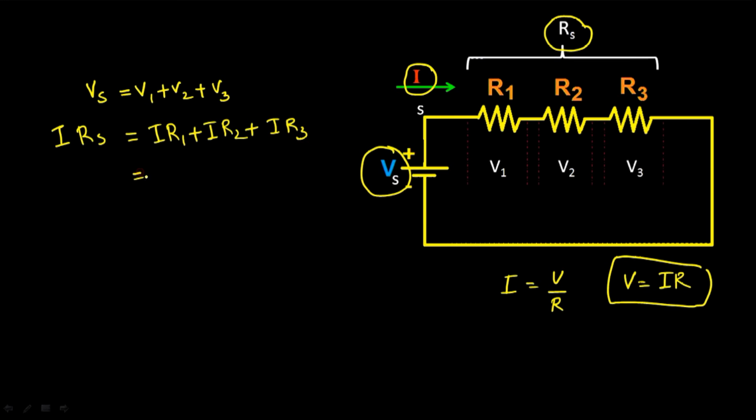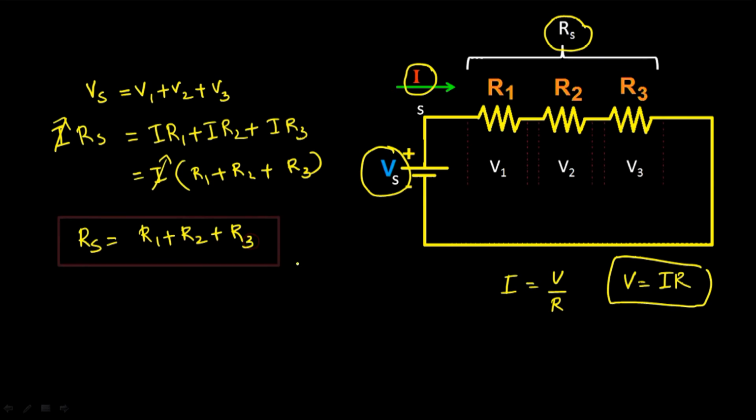If we take I common, we can write I into R1 plus R2 plus R3. If we cancel I from both sides, we get the relation Rs is equal to R1 plus R2 plus R3. What does this equation say? This equation says that in a series circuit, the total resistance is equal to the sum of the resistance values.